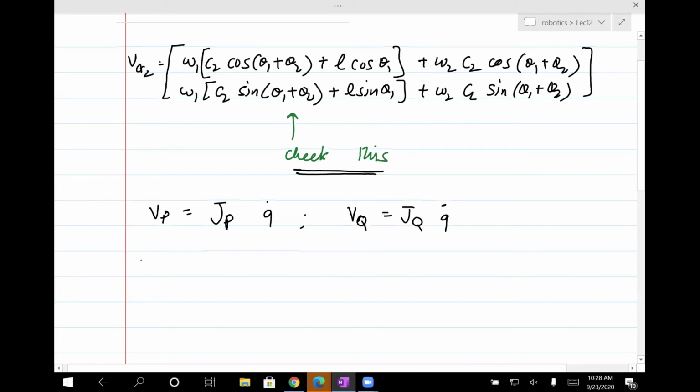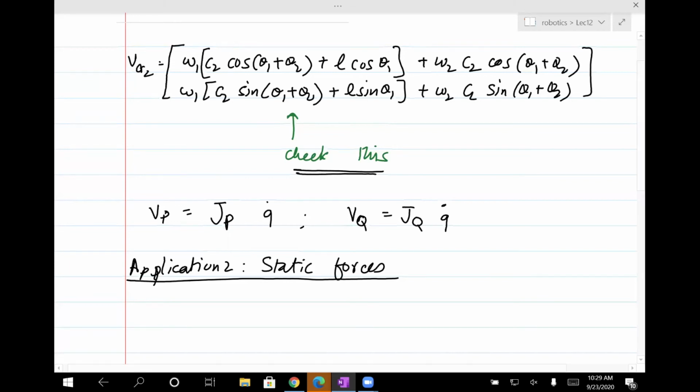Okay, so the second application, application 2, is to find static forces. What I mean by static forces is if the system is in equilibrium, there are no accelerations of any link, then you can find what the torques at the joints are so as to keep the system in equilibrium.